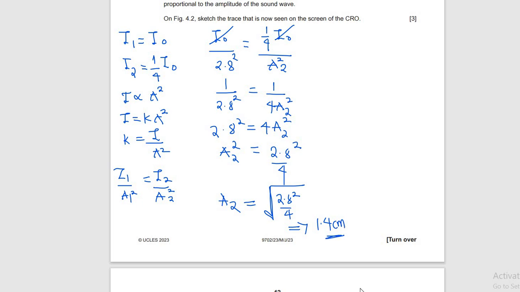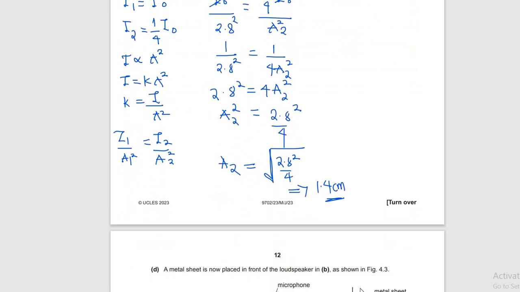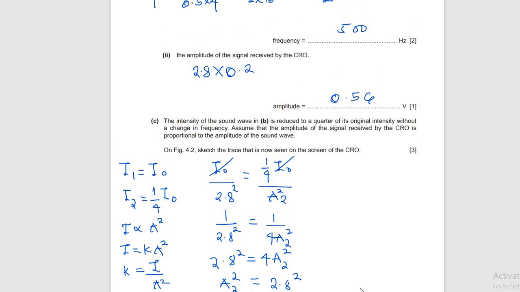I'm using the centimeter as amplitude, not the V, because I'm going to sketch a graph. So the question asks us to sketch the graph. Now, the new graph we are talking about has the amplitude of what? 1.4. So what has changed in this part? The amplitude is 1.4.